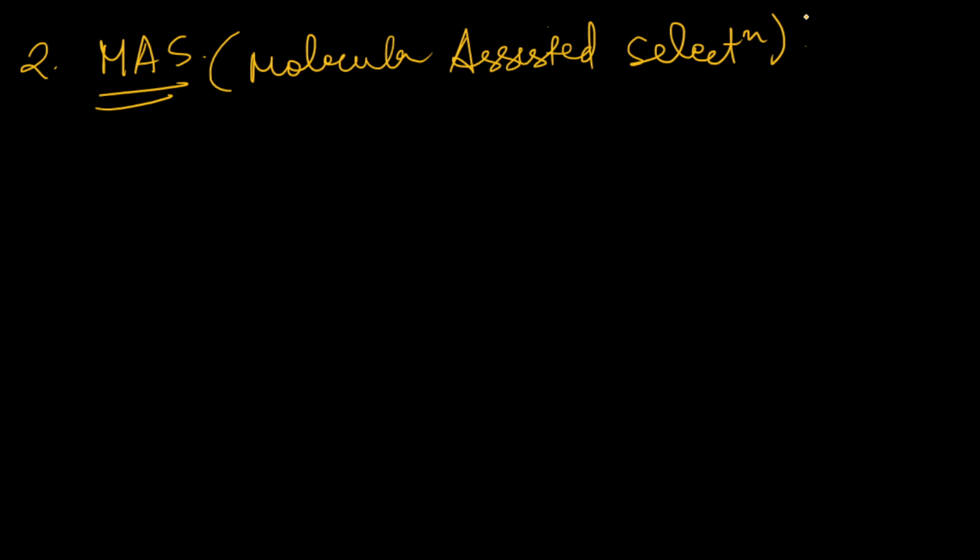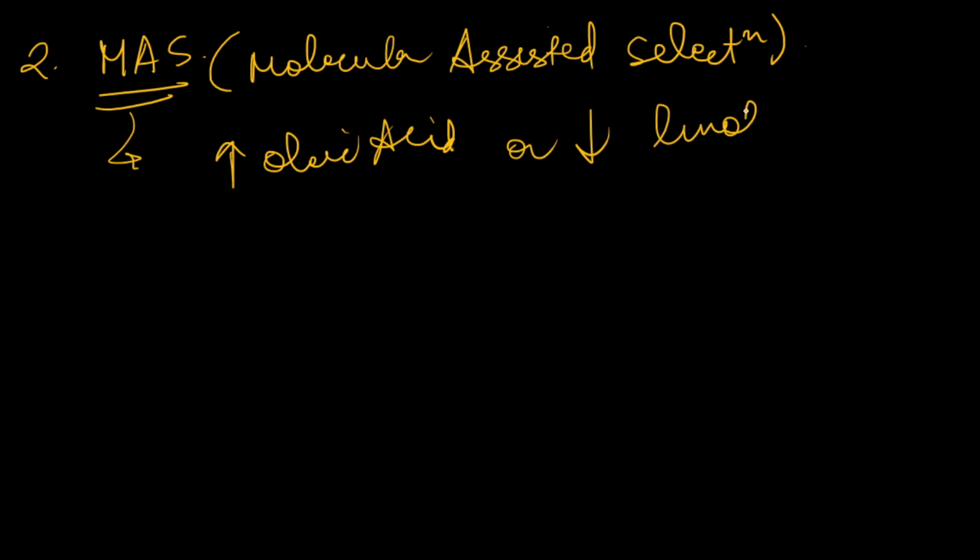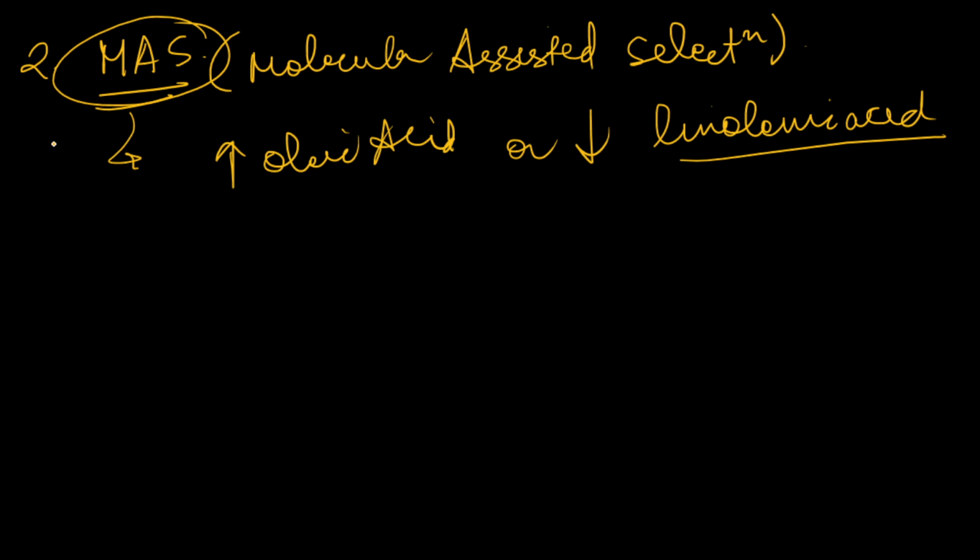For example, we can use molecular markers for high oleic acid, or for lowering linoleic acid and linolenic acid. So these things can be done, and this can speed up the traditional breeding program. There are various traditional breeding programs, and MAS, that is marker assisted selection, will speed up those traditional breeding programs also.